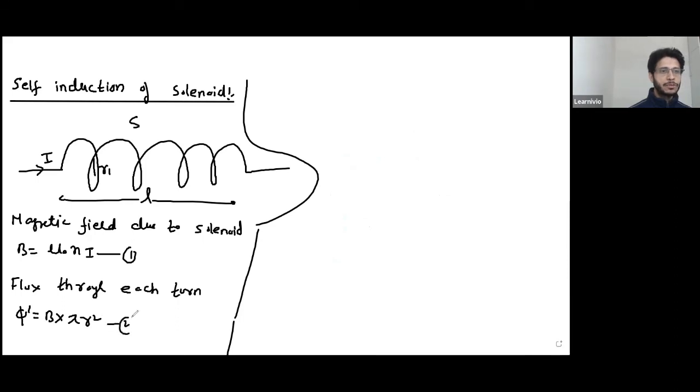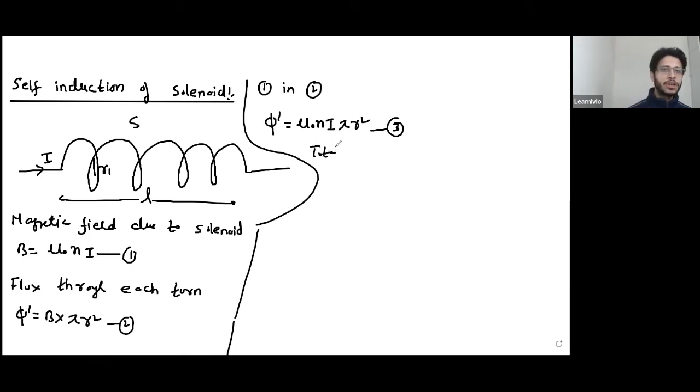So that's equation number 2. You can substitute 1 in 2. When you substitute 1 in 2, your phi prime is mu naught n i into pi r square. That's equation number 3. Now this is the flux through each turn.